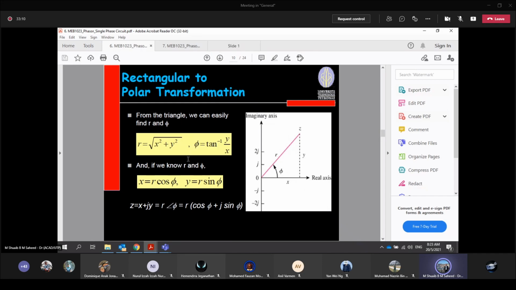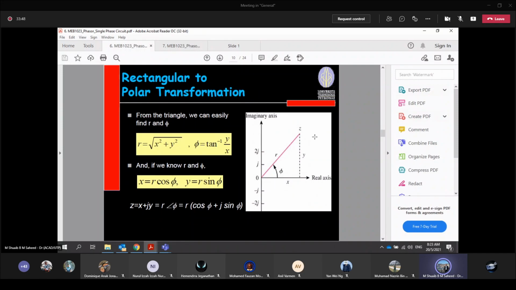The relationship between x and r will be x equals r cos phi, and y equals r sin phi. So essentially, this will be the link between the rectangular and the polar. x plus jy is rectangular, r angle phi is polar, where phi is the phase angle, and the conversion is r cos phi plus j r sin phi.